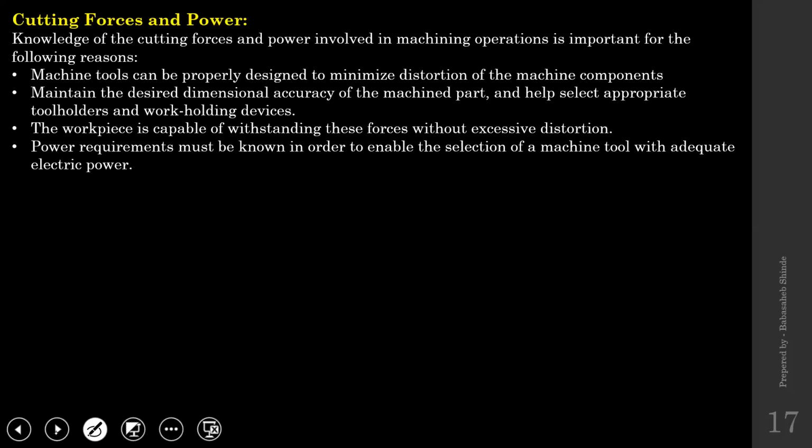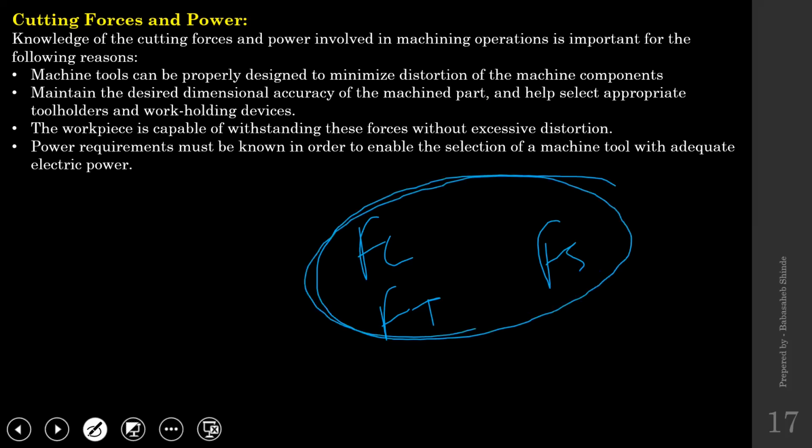Next, cutting forces and power. Now, we have studied a few forces, majorly the cutting force and thrust force. Also, we talked about shear force. In addition to these forces, when you want to analyze a material removal process, there are a few additional forces that we need to consider.